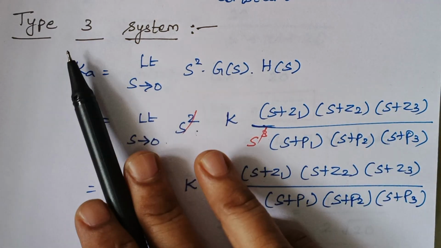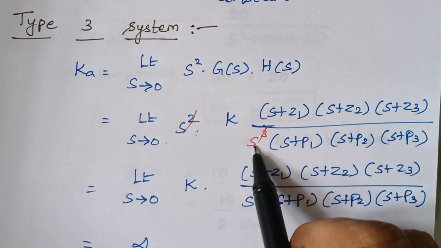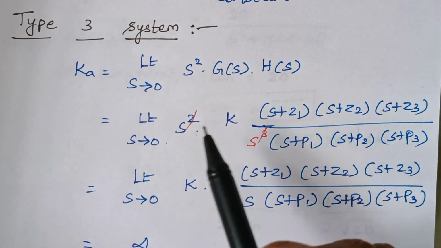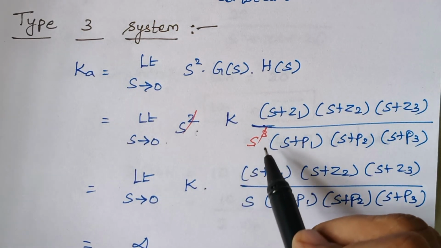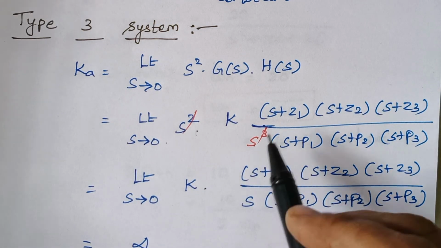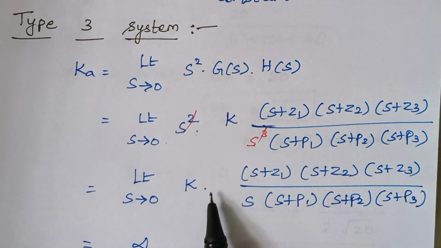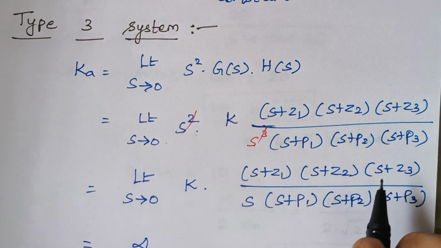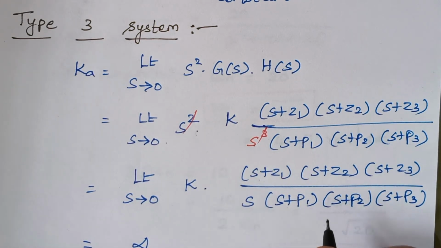Here we are dealing with type 3, so the denominator term should contain s with the power 3. This s square and s cube cancel each other, and finally we will have an individual s term here. So the expression reduces to K into (s plus z1)(s plus z2)(s plus z3) whole divided by s into (s plus p1)(s plus p2)(s plus p3).